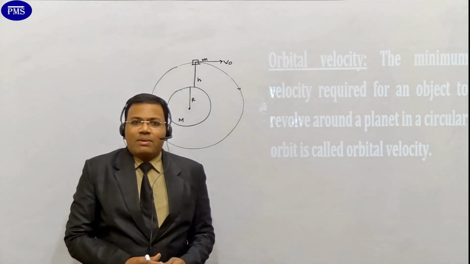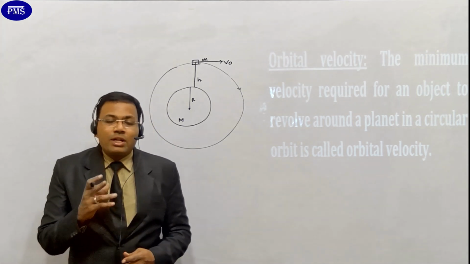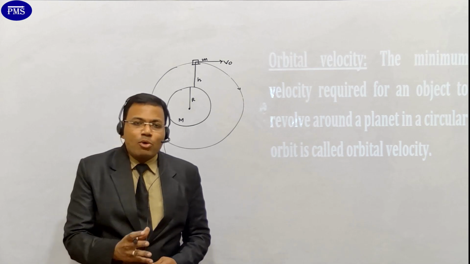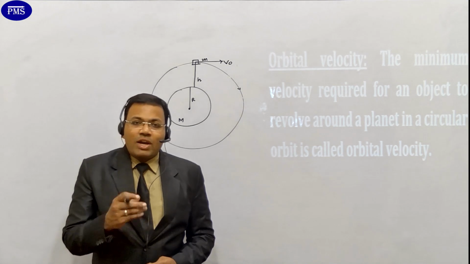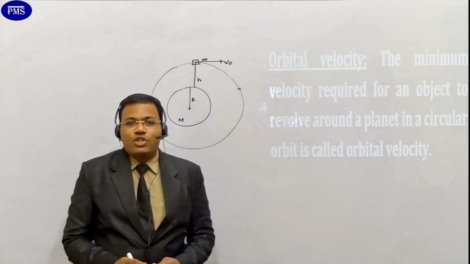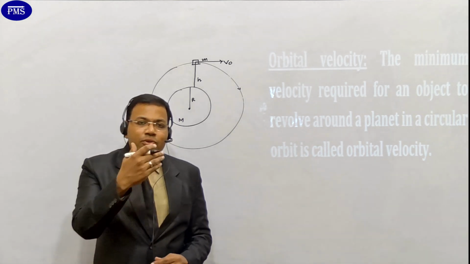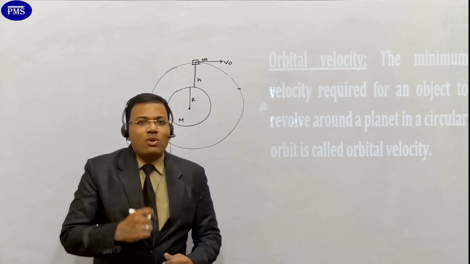In the same way, if you see the motion of the satellite around the planet, then the gravitational force between the planet and the satellite or the body provides the centripetal force. The gravitational force in this situation is providing the centripetal force, and after getting the centripetal force, it is easy for the satellite or the body to revolve.